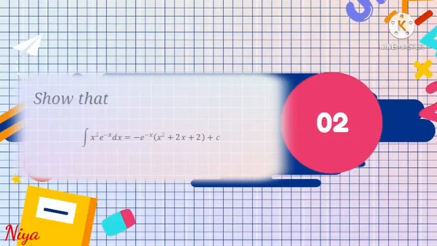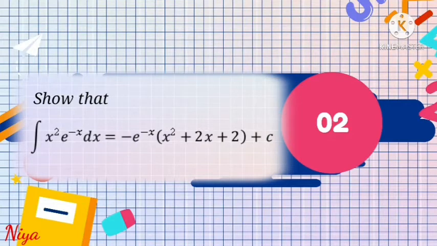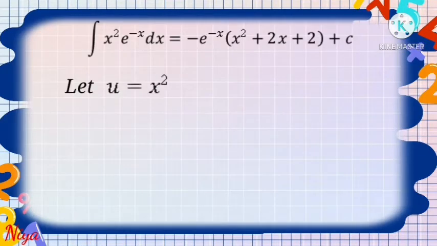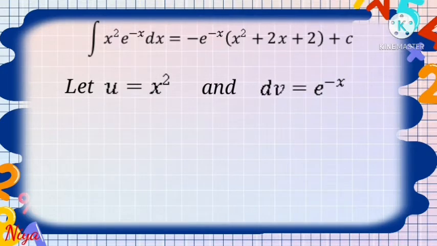We have question number 2. Question number 2 stated: show that the integral of x squared times exponential power negative x dx is equivalent to negative exponential power negative x times bracket x squared plus 2x plus 2, plus c. Let u equal x power 2 and the derivative of v equal exponential power negative x.